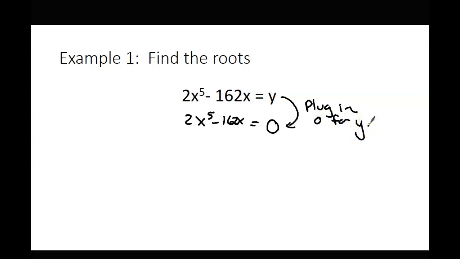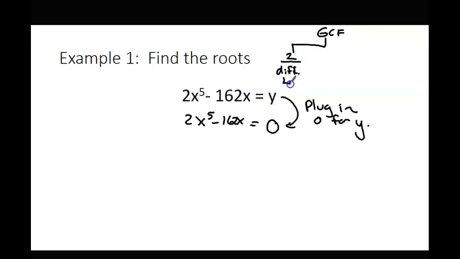Now the next thing we're going to do, and it may not seem evident why we're going to do this, but I'll explain why in a minute. But the next thing we're going to do is we're going to factor this thing as much as possible. Now a few days back I gave you guys a little chart. You always start by looking for a GCF, right? If there's two terms, then you use the difference of squares.